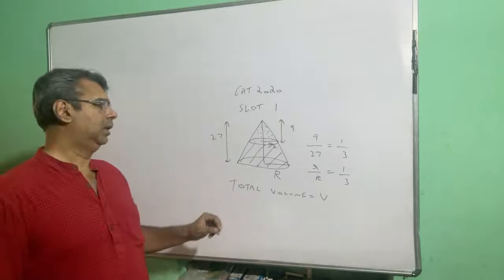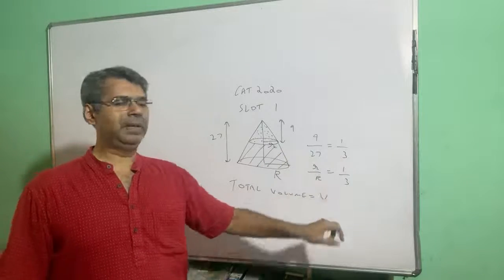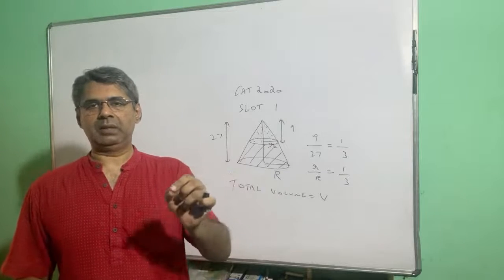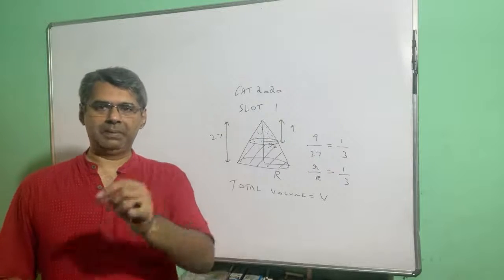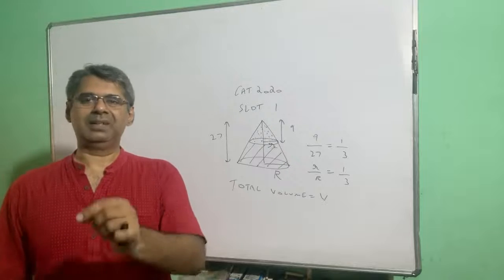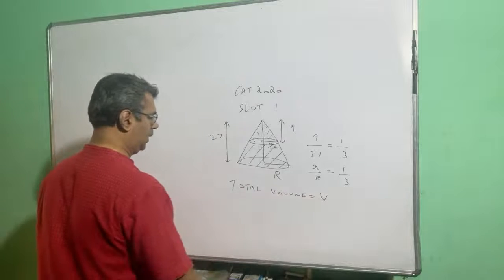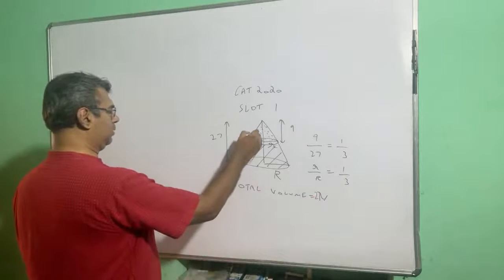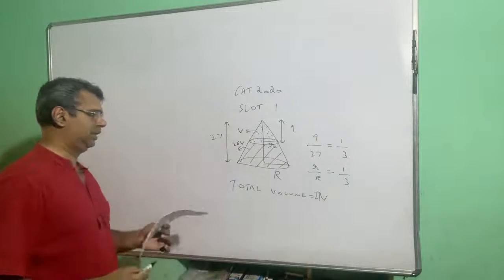The height ratio is 1/3. So the ratio of 1/3 pi small r square into small h to 1/3 pi bigger r square into big H will be 1/9 into 1/3, that is 1/27. That means if the total volume is 27V, the top will be V and the bottom will be 26V.